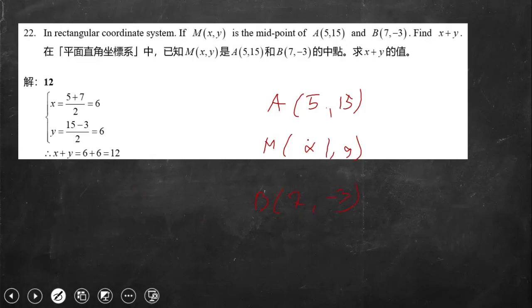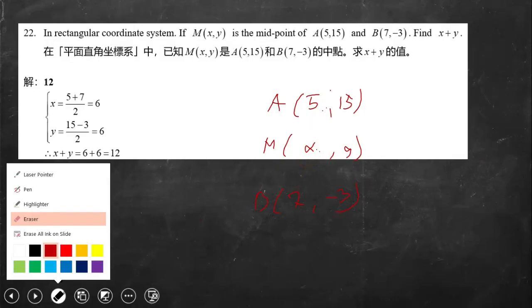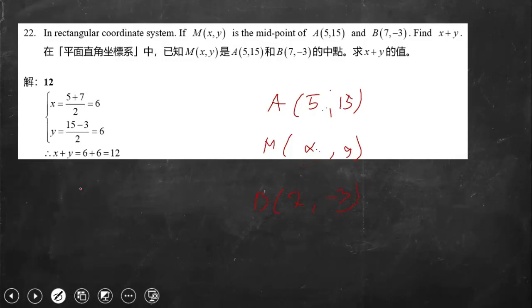We know that X is between 5 and 7, and the distance between them both must be equal. The difference between X and 5 and X and 7 must be equal. So what's the number in between 5 and 7? We know that it's 6.